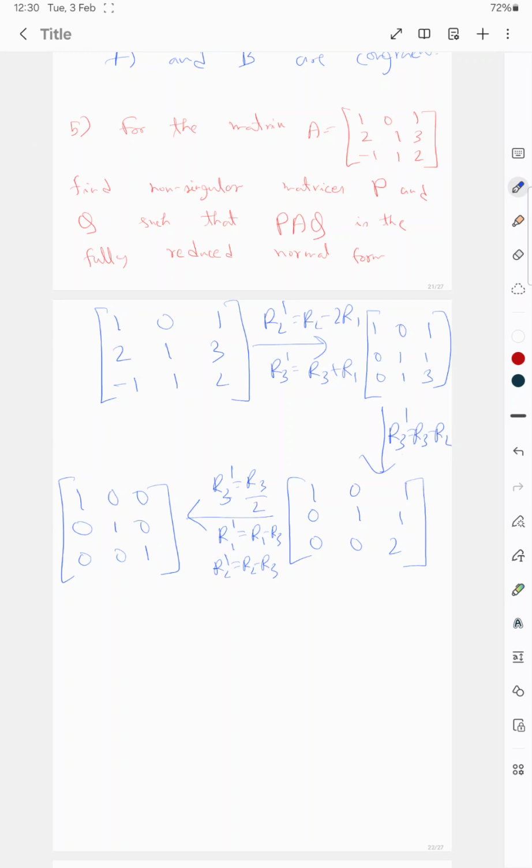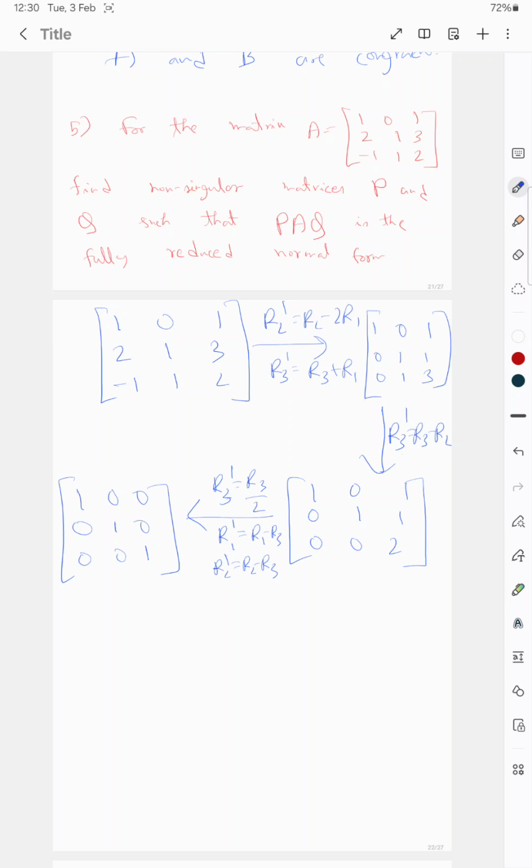If you have to do so, then basically you need the P and that Q matrix. Okay, so how will you write this type of thing? How many operations you have used here, that type of operation you have to apply one by one.